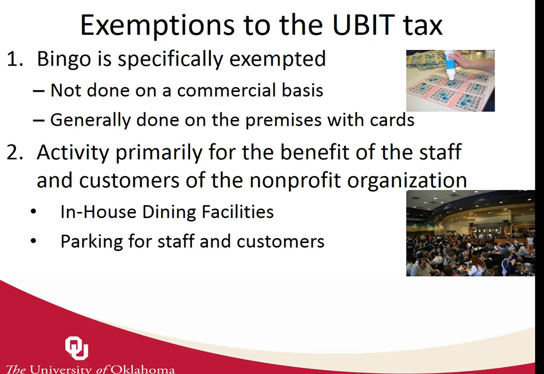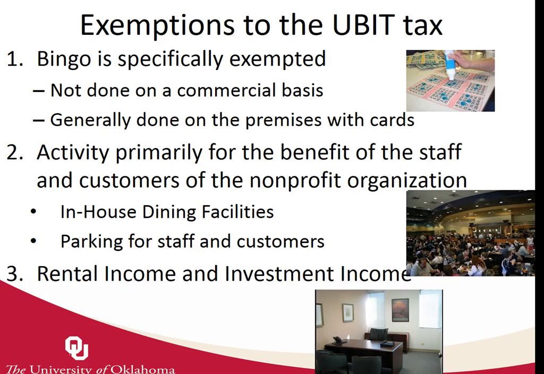So it would not be included in UBIT. Likewise, parking for staff and customers. If it's paid parking, that would not be included in UBIT because it's provided for the benefit of the staff, which are meeting the primary purposes of that organization.